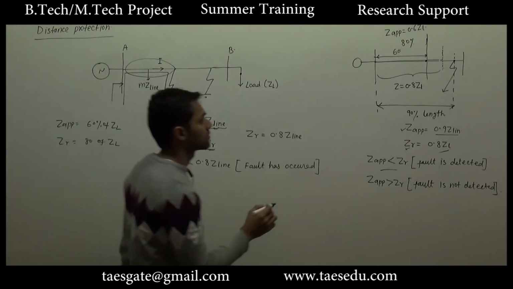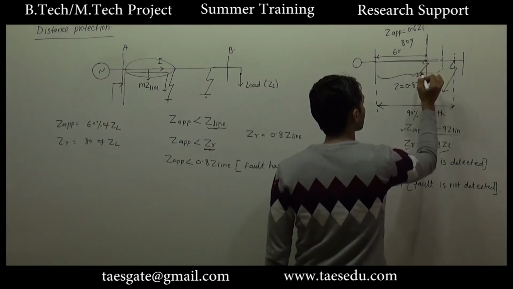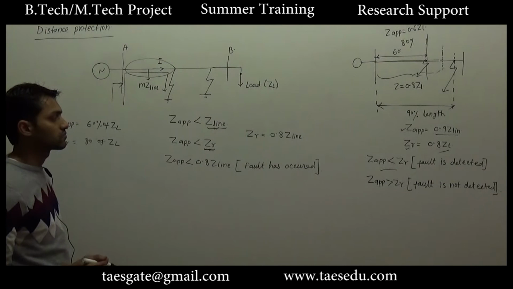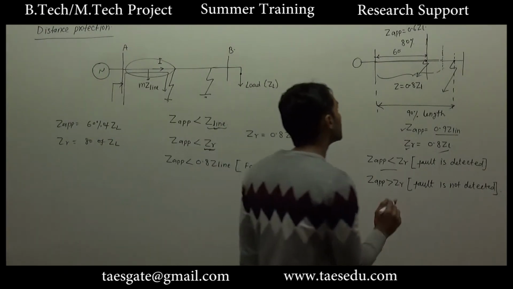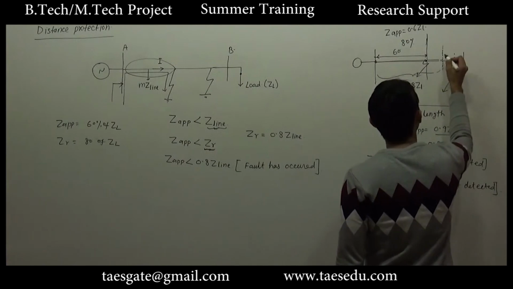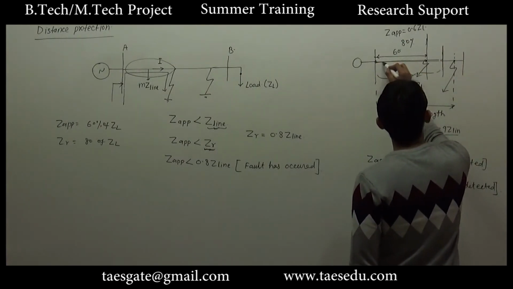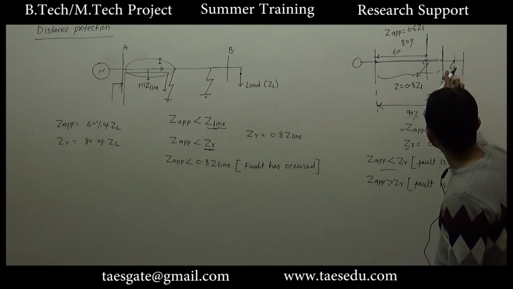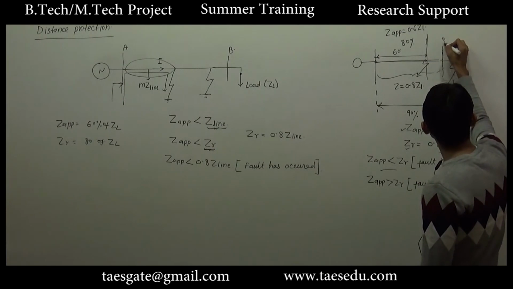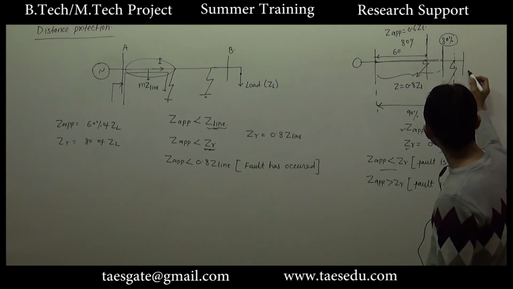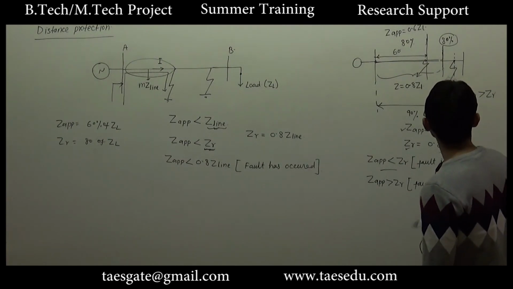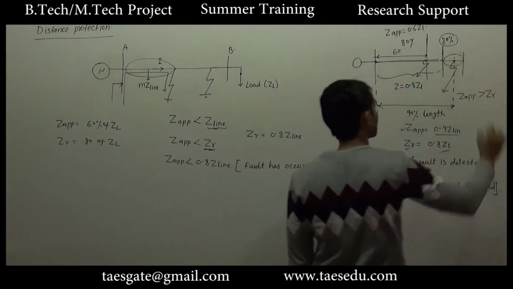So for this fault, it will be detected. So we can say that if any fault occurs between the source and 80% length of the line, this fault will be detected, and for any fault that occurs beyond 80% of the line, the apparent impedance seen by the source will be greater than the reference impedance. So these faults will not be detected.